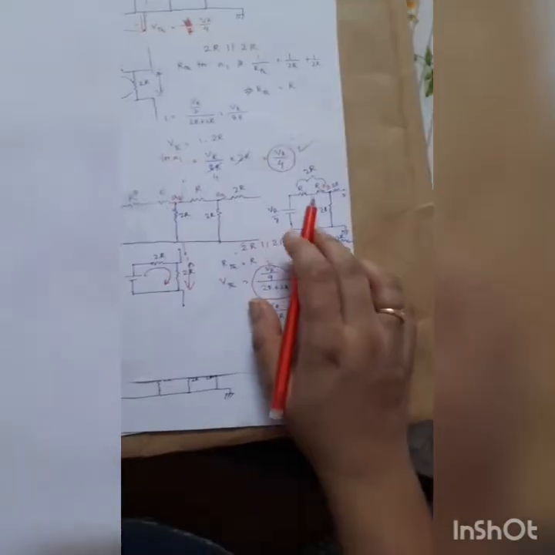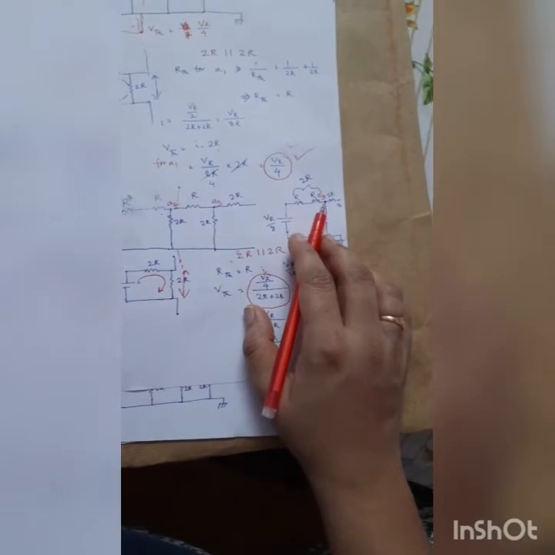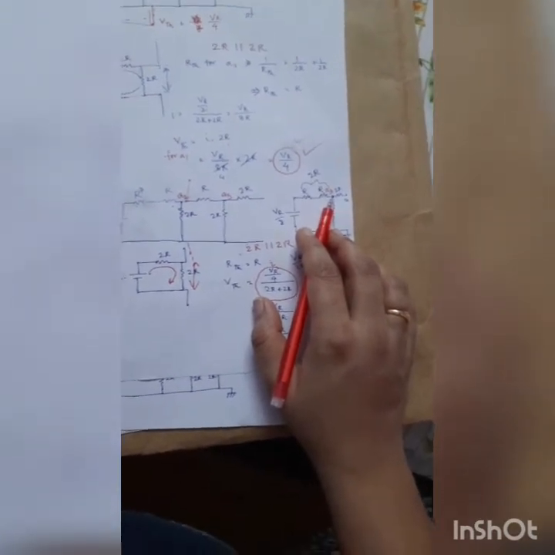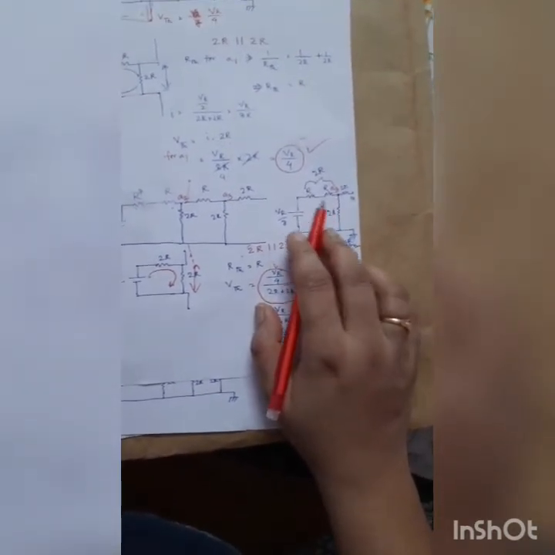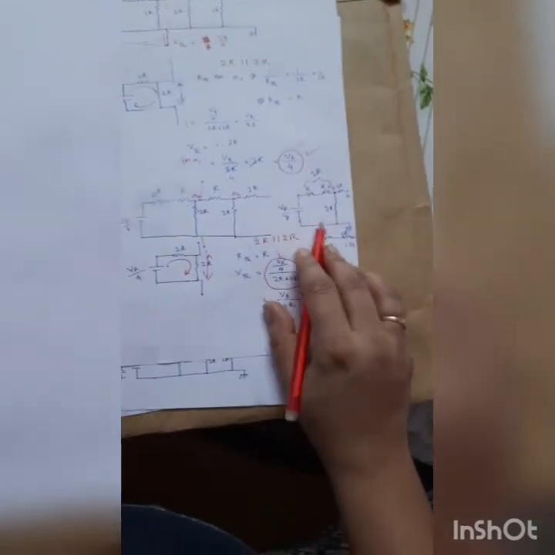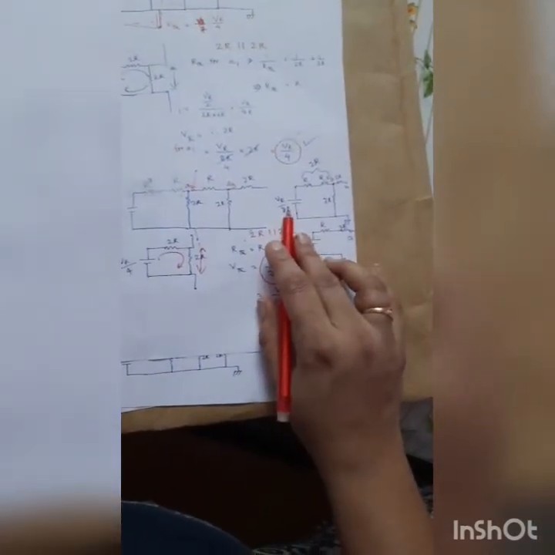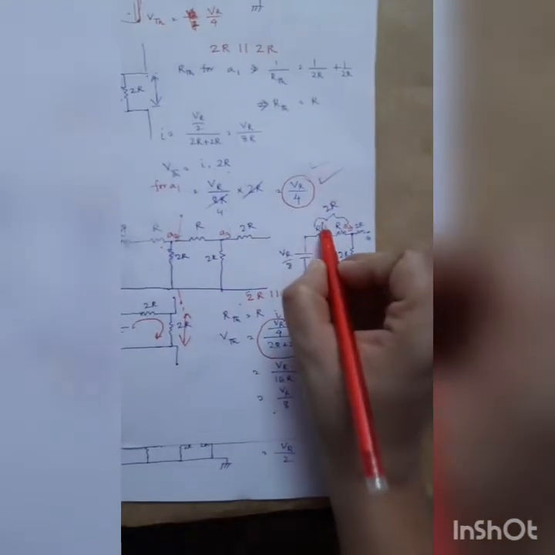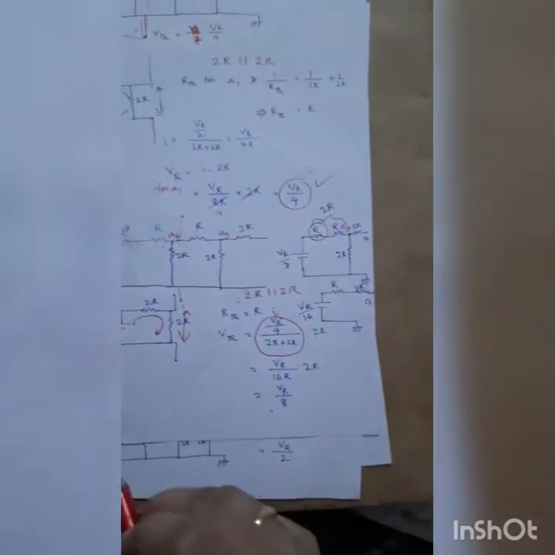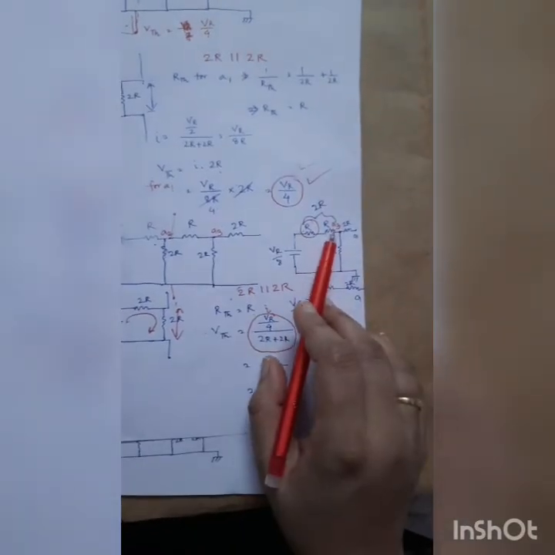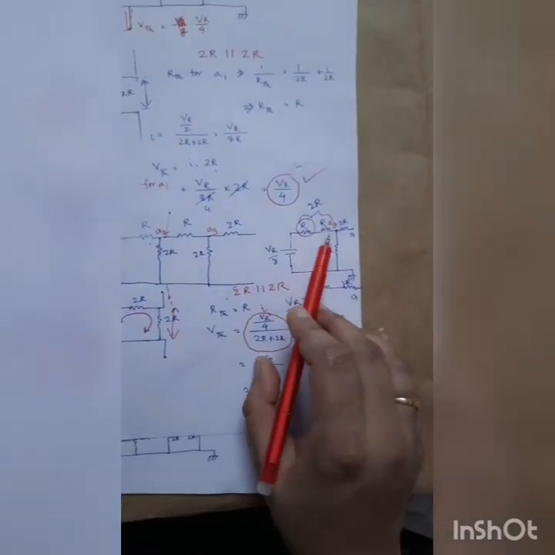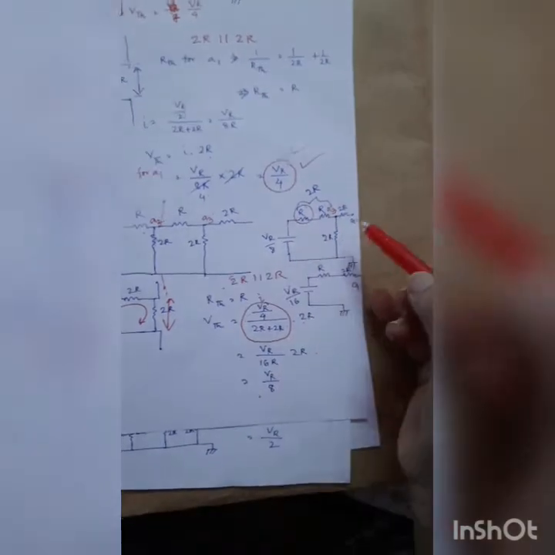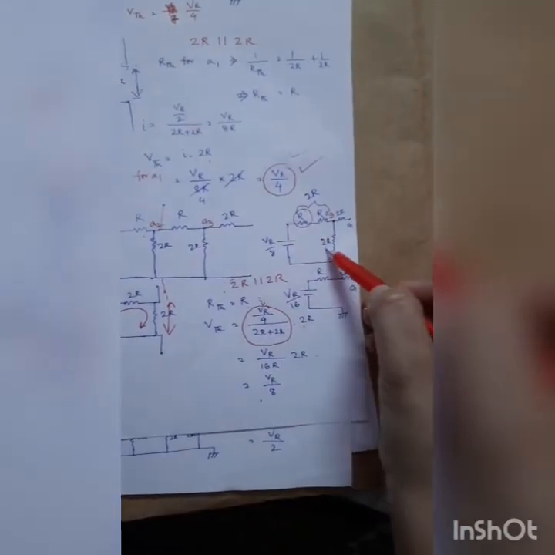Now only one point remains in this circuit, that is A3, only one sub part we can call it. Here we have VR by 8. Again the equivalent resistance RTH is R. It goes in series with this R, so again it is 2R, and this 2R and 2R are in parallel.